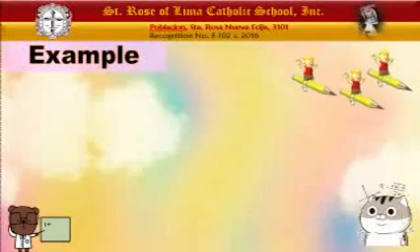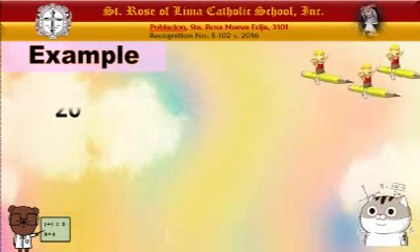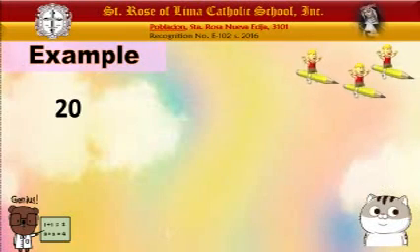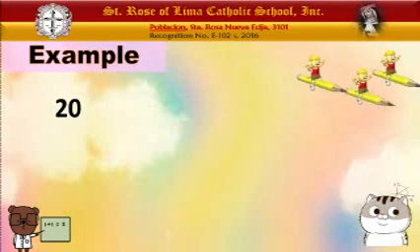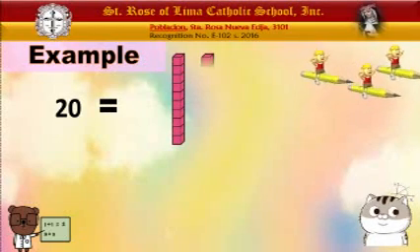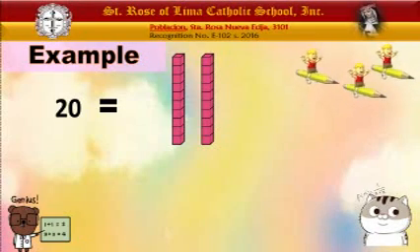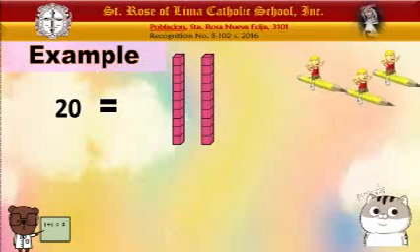Next, we have here an example of how we can represent a long. So if we have 20, 20 is a two-digit number. If we have 20, how many longs do we need? So we need 1, 2. 2 longs to represent or to visualize 20.